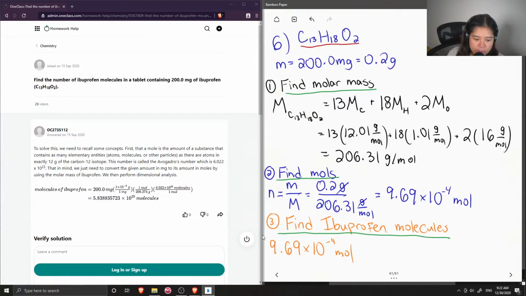So Avogadro's number is 6.022 times 10 to the power of 23, and the units are conveniently molecules over mole.